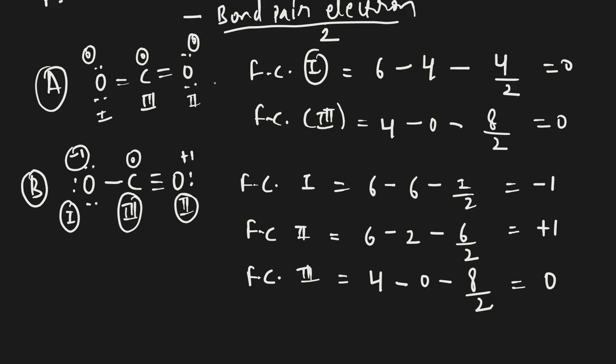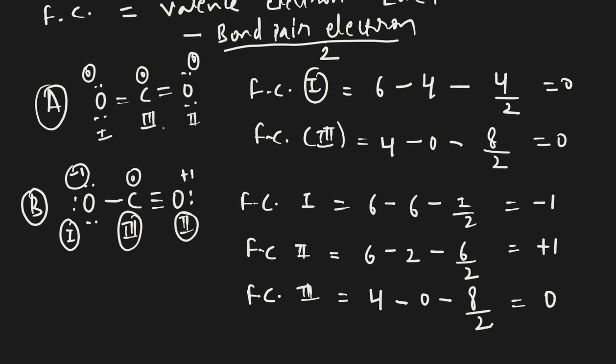I'll talk about those rules later on. But both structures, the first A and the B, both seem to be completing all the rules. Still one is more stable as compared to the other one, and there are certain rules for how to decide on the basis of the formal charge. And formal charge is one of the major deciding factors to discuss the stability of a particular molecule.